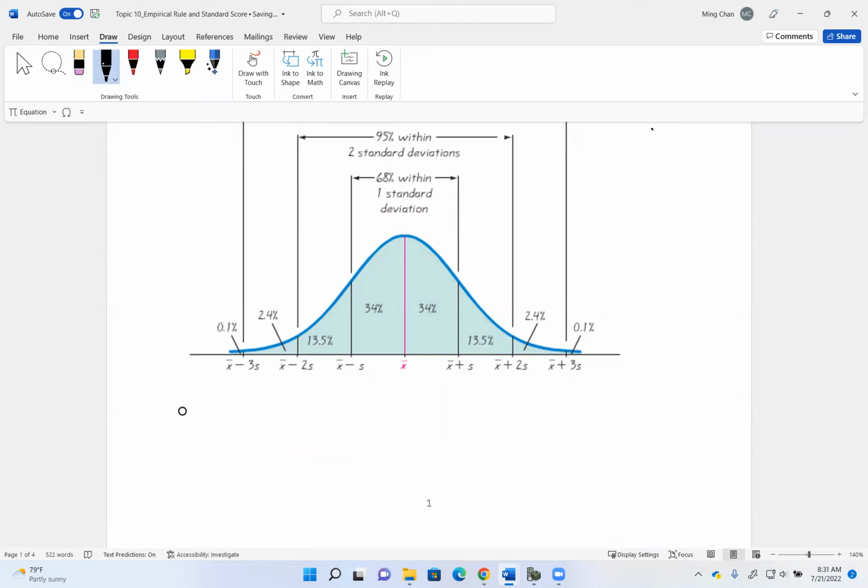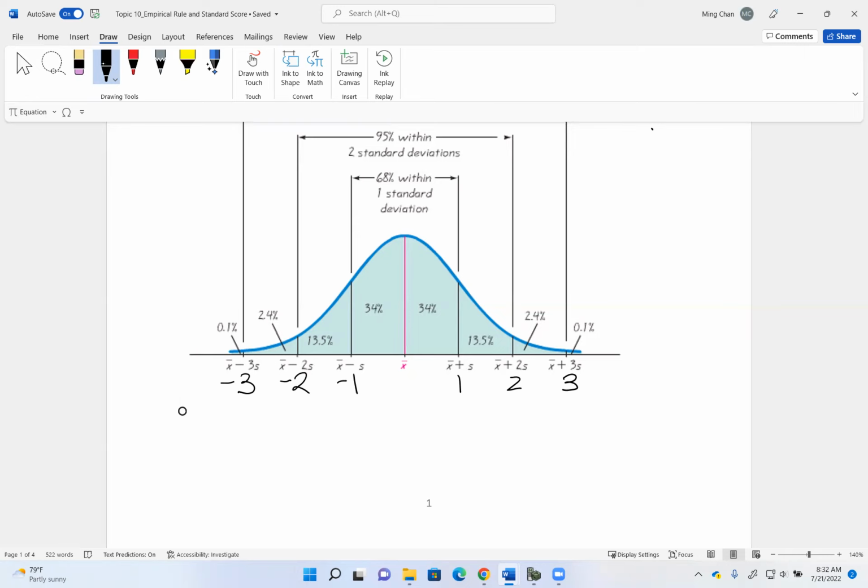One standard deviation above the mean, 2 standard deviations above the mean, 3 standard deviations above the mean. 1 standard deviation below the mean, 2 standard deviations below the mean, 3 standard deviations below the mean. So all the numbers we came out with are either 1, 2, or 3 standard deviations above or below the mean.